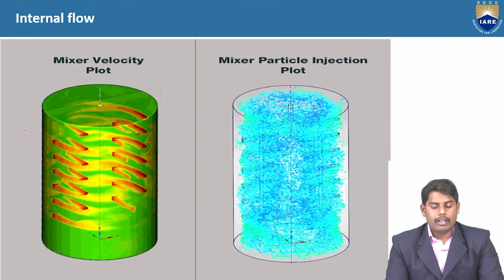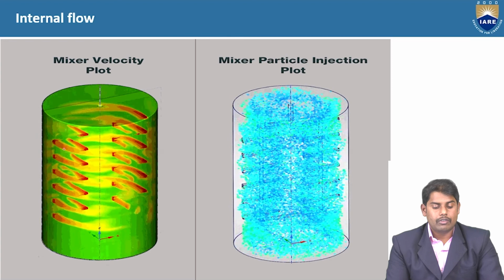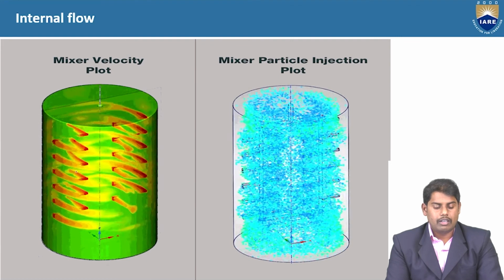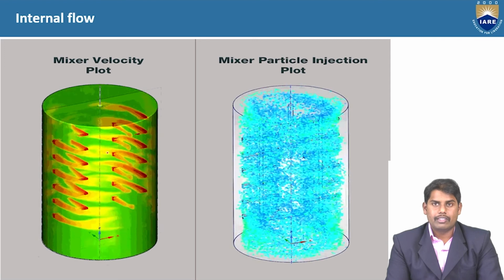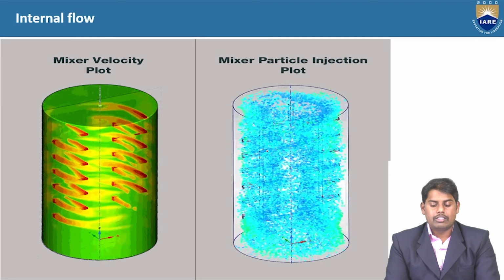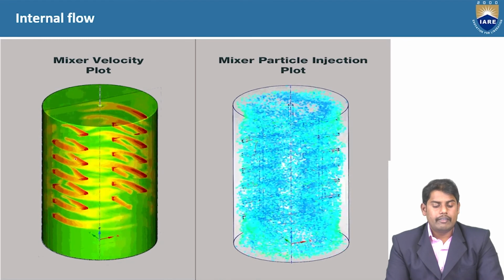The other type is called internal flow. Here you can see an example, a mixer grinder. These blades are rotating with a certain angular velocity. Whatever mixture is present inside this grinder, these particles will be rotating with a certain angular velocity, and the concentration of the particles and velocity contours we can see with the CFD approach.